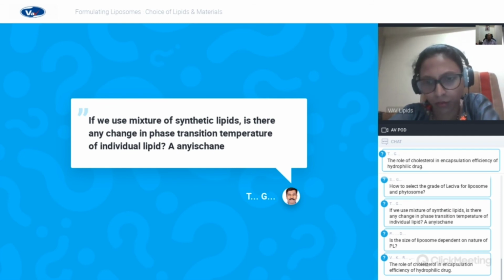But the simple answer is that if you use a mixture, then there is no change in the PTT of an individual lipid. The combination is a clever design actually. I almost call it like, an artist will never paint with a single color but use a palette. A clever artist will use the palette very effectively, and you will get pieces of art. Essentially.